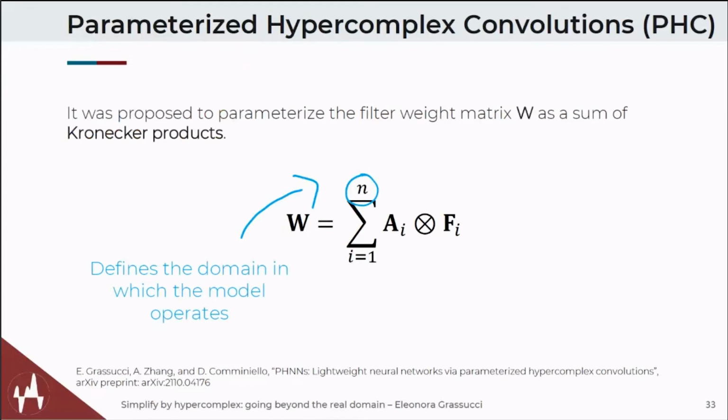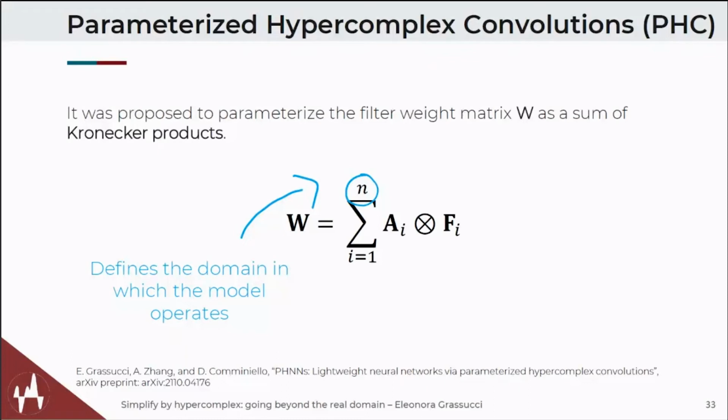And this sum of Kronecker products has basically 3 players. The first player is n, which parameterizes the convolution and the layer. n is a hyperparameter that defines the domain in which the layer or the model operates. So for example, if we set n equal to 2, we can simulate the complex domain. If we set n equal to 4, we can simulate the quaternion domain, and so on.